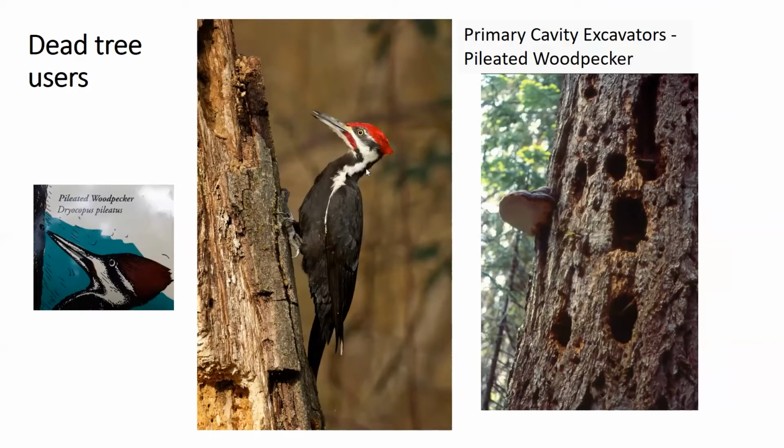Pileated woodpeckers, most of you have seen them. This is a male about the size of a crow, largest woodpecker in North America. Incredibly powerful excavator. They make these rectangular oval holes deep into dead sections of trees. They can even go through live trees into the dead wood to go after wood boring insects and carpenter ants in particular.